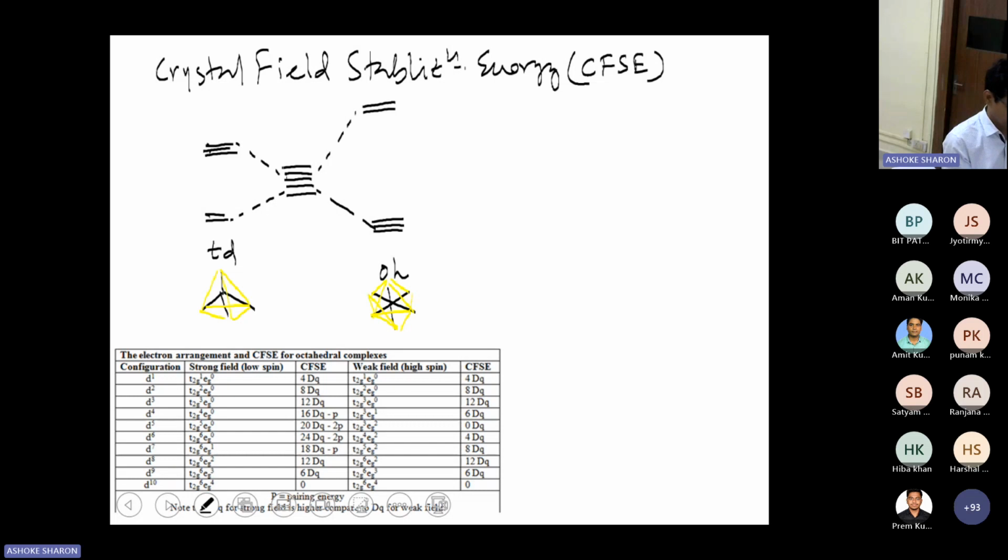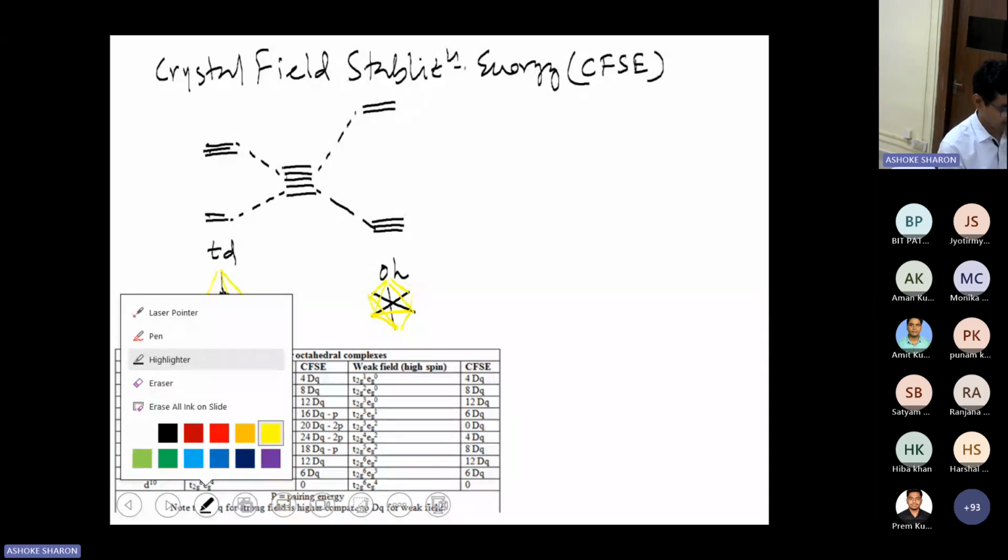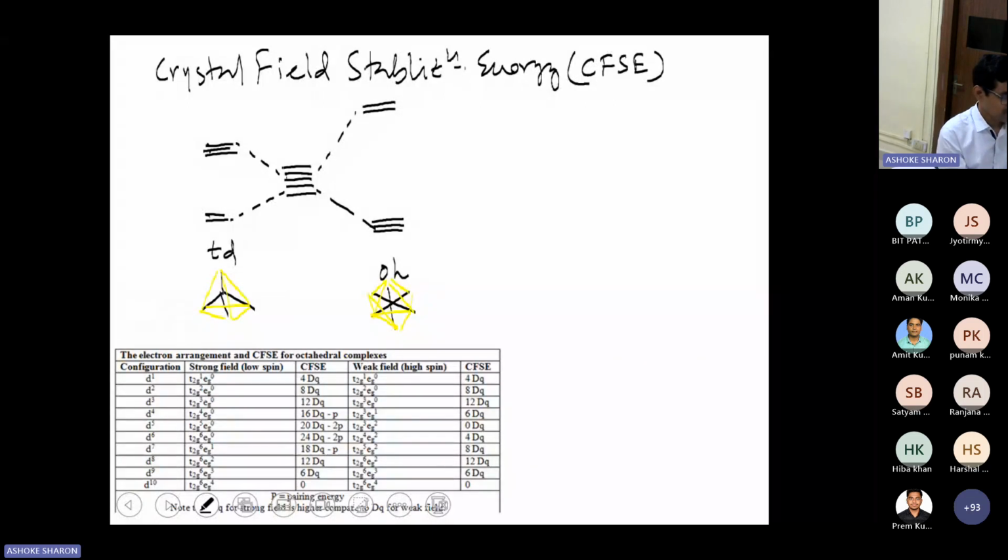And as we know, right now we will calculate for the different numbers of electrons filling. Just see the table at the bottom left, for the d1 electronic configuration.